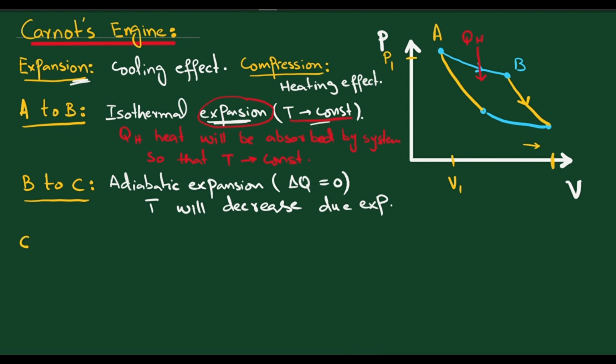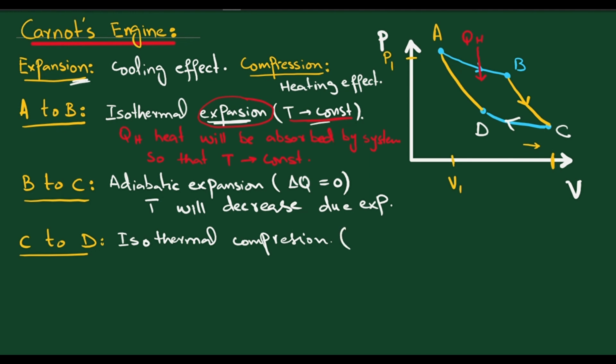Now consider C to D. C to D is another isothermal process, but it is an isothermal compression, as the graph goes from C to D. Due to compression, the heating effect will be there and the temperature would increase, but in an isothermal process the temperature remains constant.